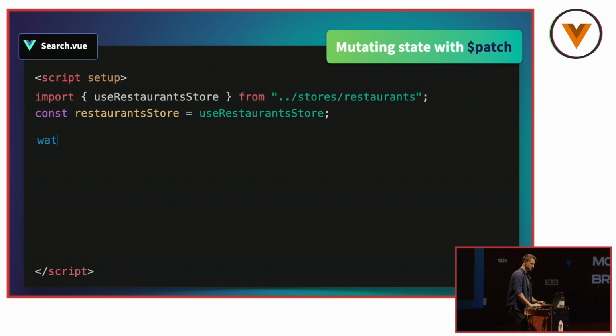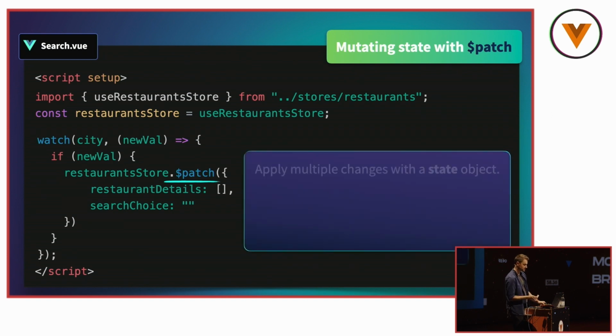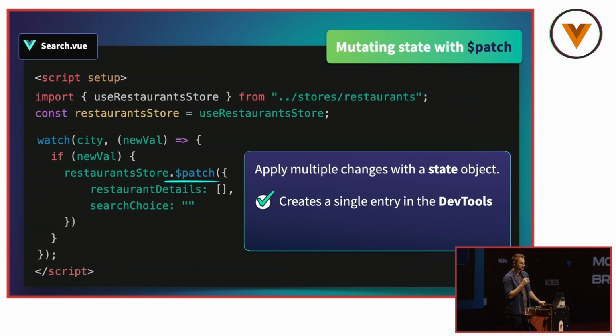This allows us to apply multiple changes at once to the store state. Here, notice how we're passing an object with the updated state properties inside of it. And because we're using patch, it comes with some added benefits. Some of those include that we're only creating a single entry in our DevTools in terms of that state mutation.